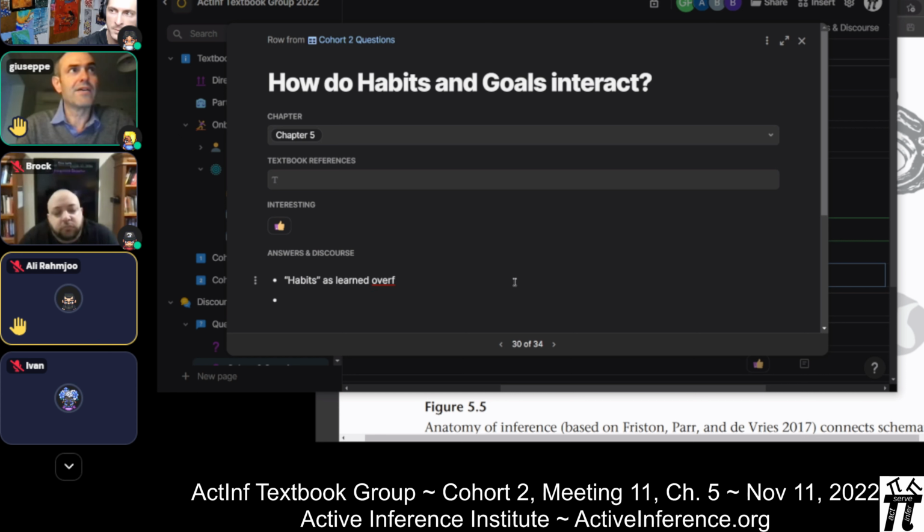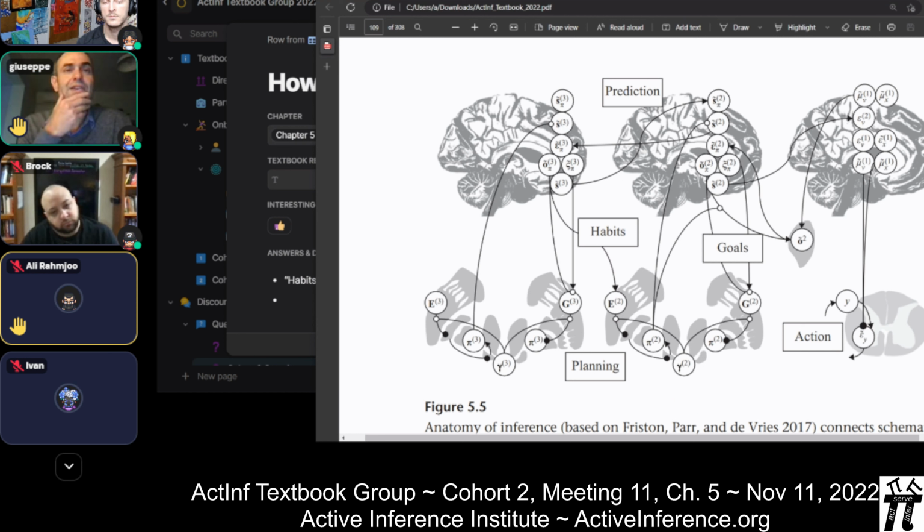So is there a distinction here, that the characteristic of habits is that they have been learned? They come from statistical regularities that have been accrued and represented through the lifetime of the agent, to the experience of the agent.